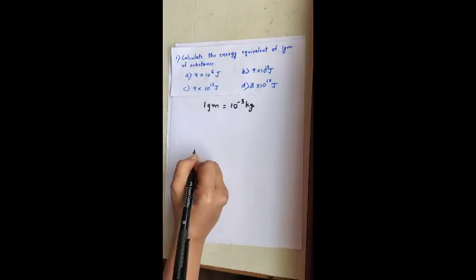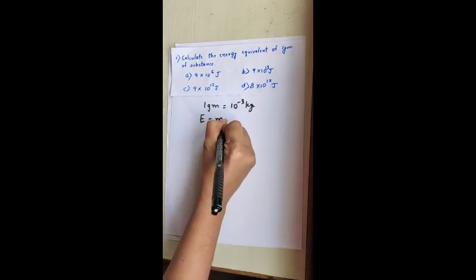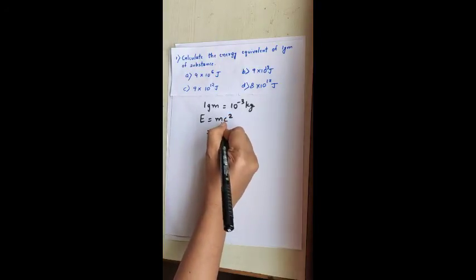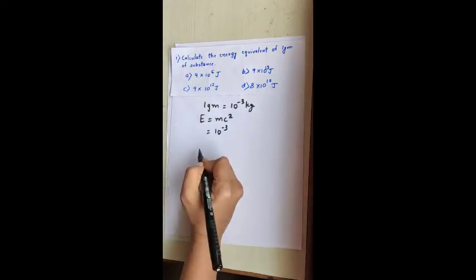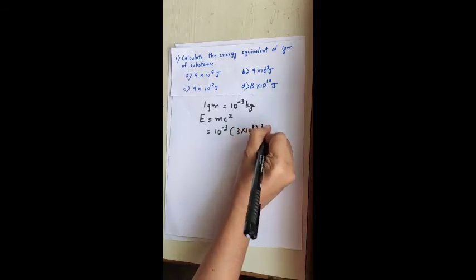In order to calculate the energy equivalent, we have to use Einstein's mass energy relation, that is E equals mc square. We have to express m in terms of kg, that is why I converted gram into kg, into 3 into 10 power 8 whole square.